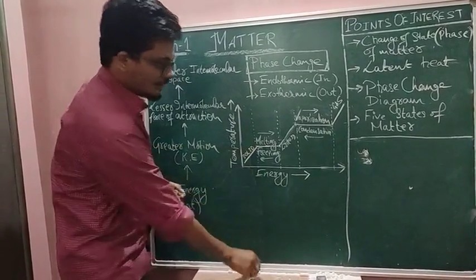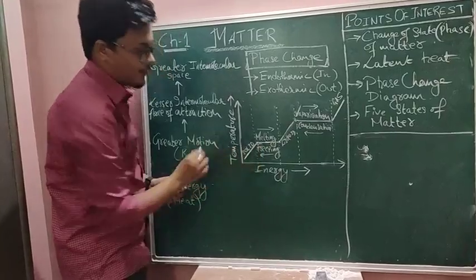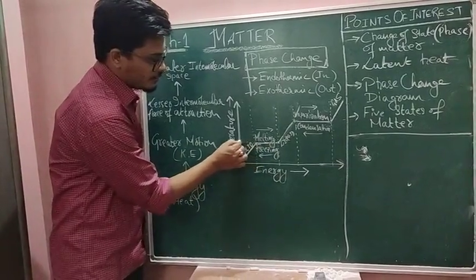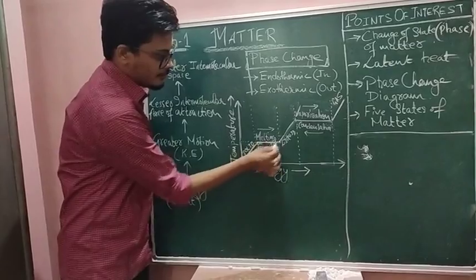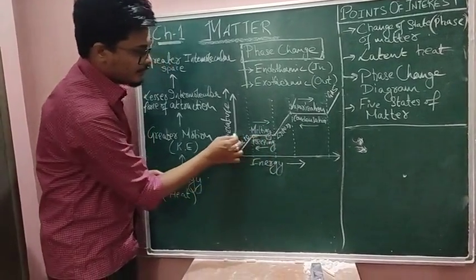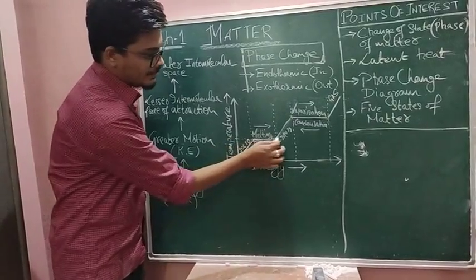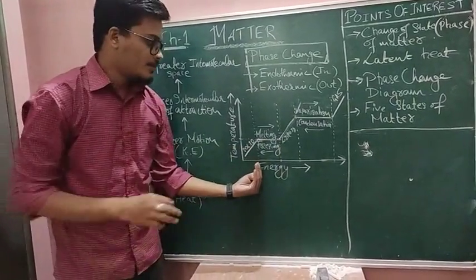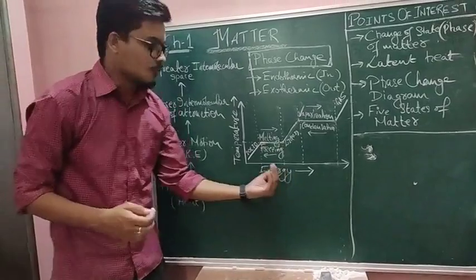But at this point, you can check, the temperature remains constant, but you are giving heat. Heat is increasing, but temperature is constant. The energy absorption is still there. Why?